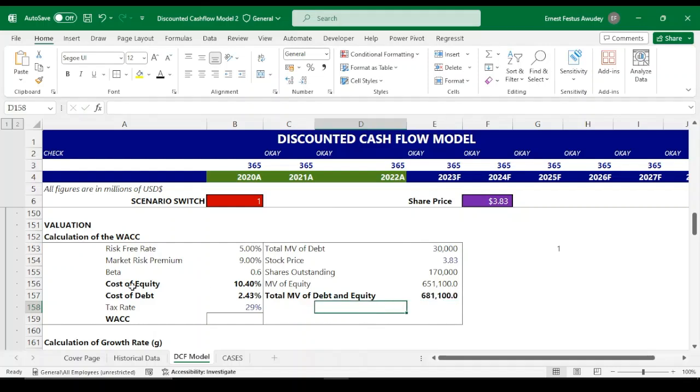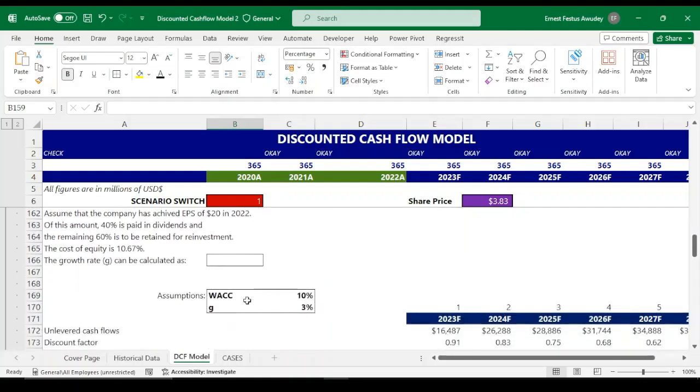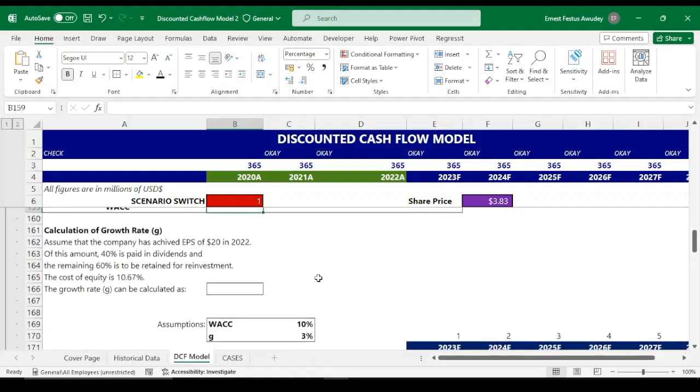So knowing our cost of equity, our cost of debt, our market value of debt, and the market value of equity, which we have added together here, we can now calculate our WACC.